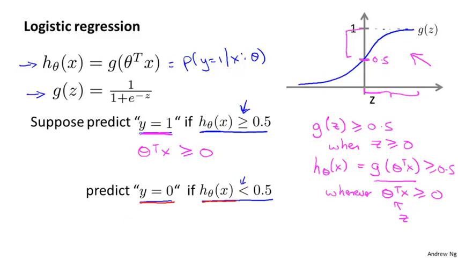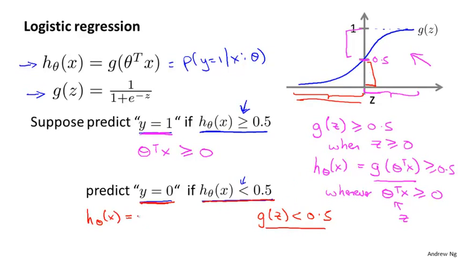Well, by a similar argument, h of x is going to be less than 0.5 whenever g of z is less than 0.5, because the range of values of z that cause g of z to take on values less than 0.5, well, that's when z is negative. So when g of z is less than 0.5, our hypothesis will predict that y is equal to 0. And by a similar argument to what we had earlier, h of x is equal to g of theta transpose x, and so we'll predict y equals 0 whenever this quantity theta transpose x is less than 0.